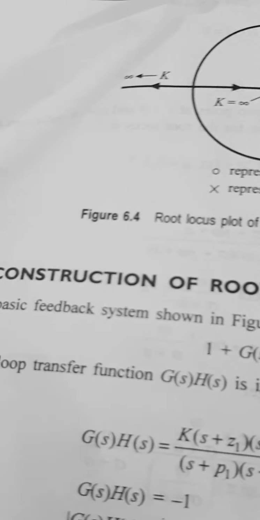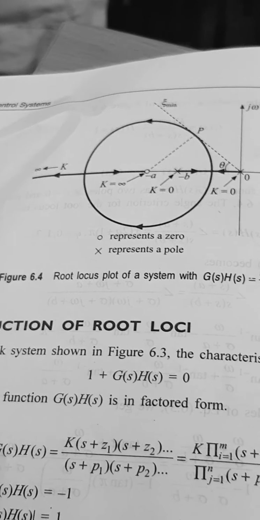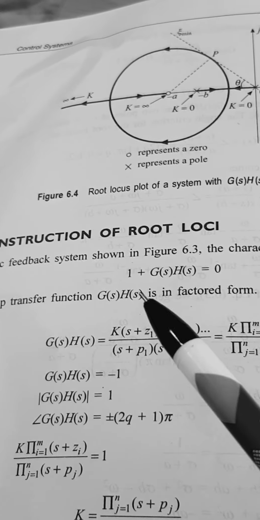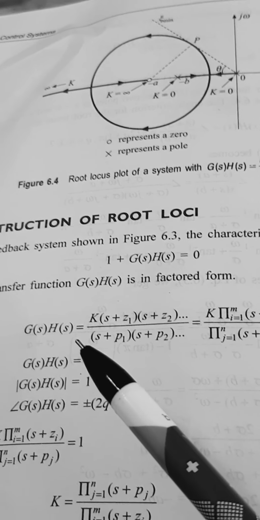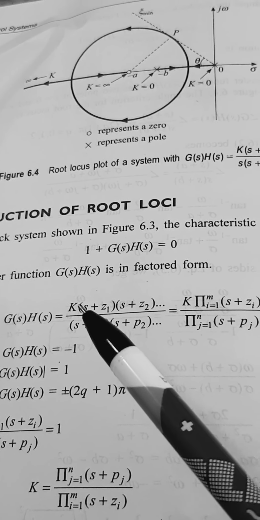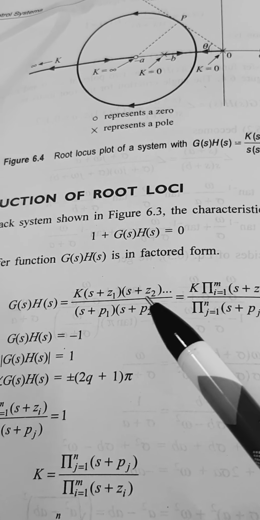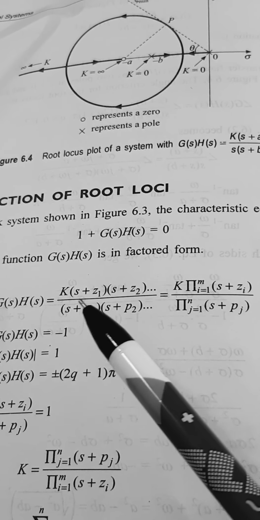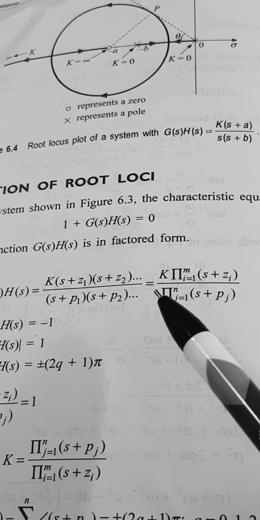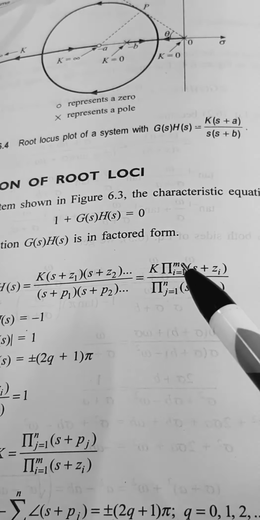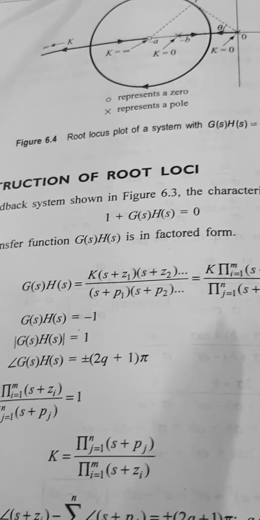And there is another topic in the syllabus, that is construction of root locus. Whatever things we explained, the same thing applies. Here the characteristic equation, G(s)H(s) is equal to K into the product of (s plus zeros) divided by the product of (s plus poles). It is nothing but K into product of i varies from 1 to m (s plus zi), divided by product of j varies from 1 to n (s plus pj).